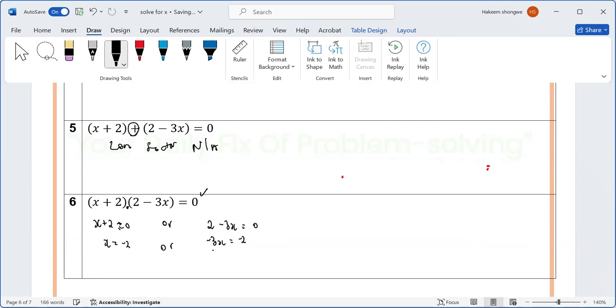So we divide by negative 3 and negative 2, and x is going to be equal to 2 over 3.